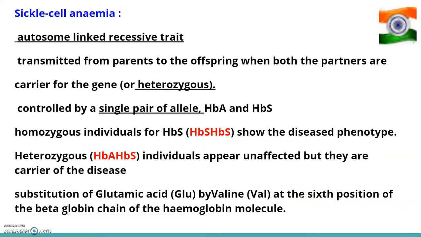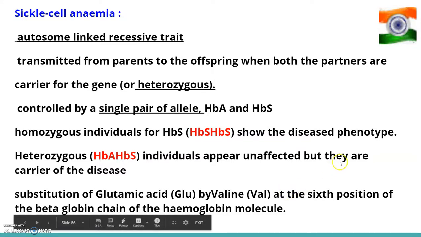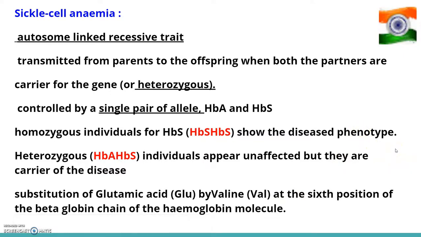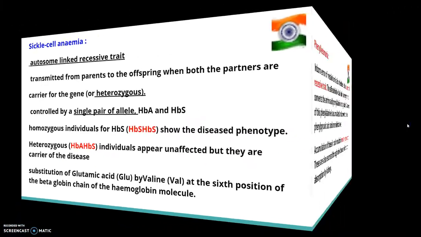The mutant hemoglobin molecule undergoes polymerization under low oxygen tension, causing the change in the shape of the RBC from a biconcave disc to an elongated sickle-like structure. So that happens in sickle cell anemia.